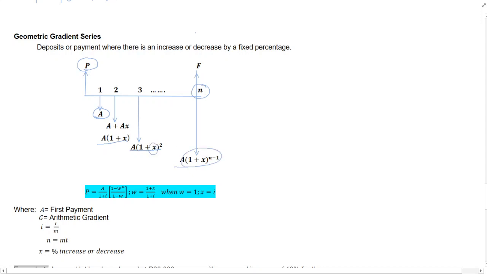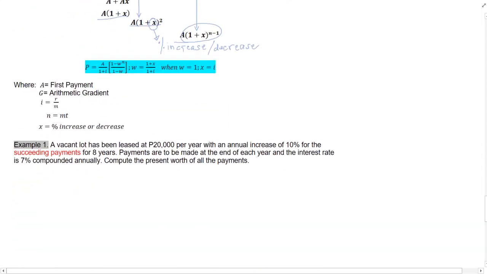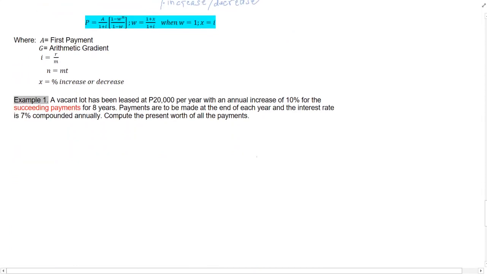And your x there is the percent increase, or that is the decrease already. So the formula for that is equal to A divided by 1 plus i multiplied by 1 minus w raised to n.